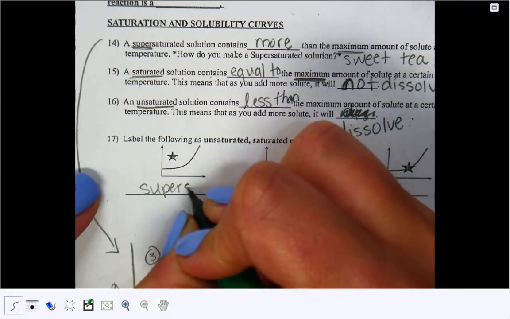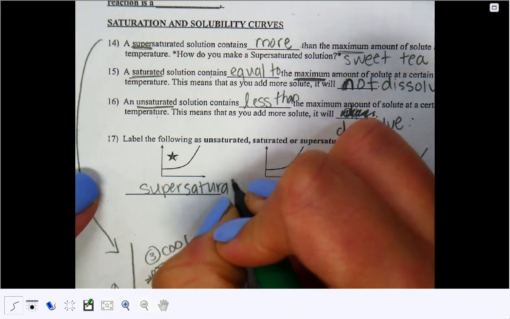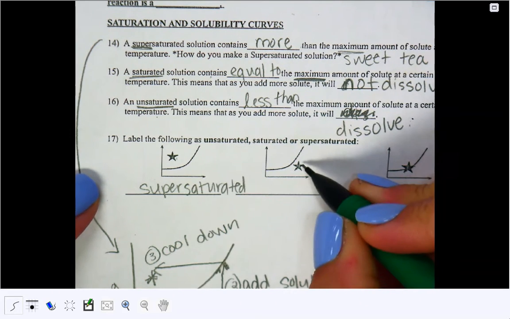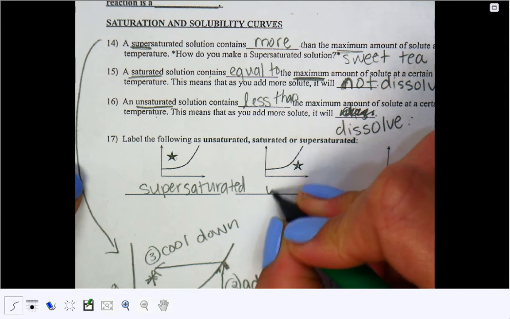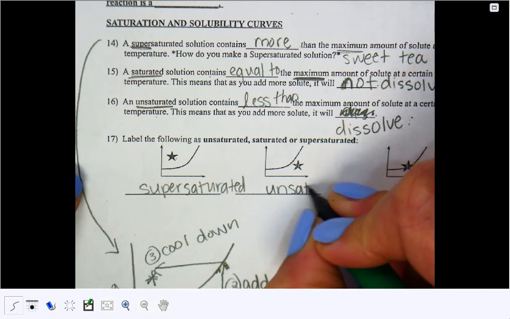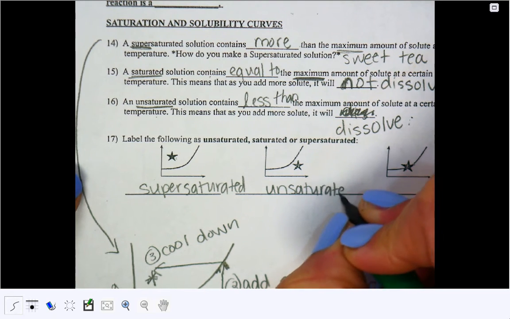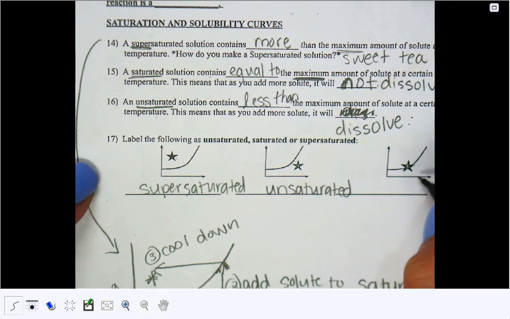Supersaturated, good. Okay, this one is below the line. So what is that one? Unsaturated. And then finally our last example is right on the line. So that will be saturated.